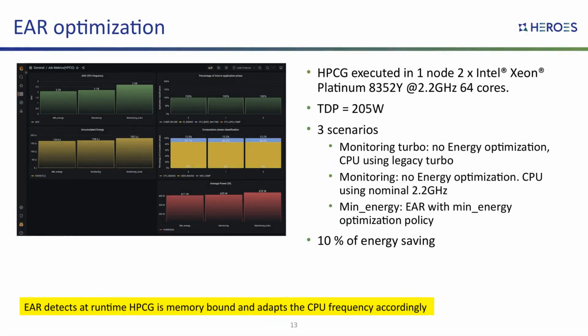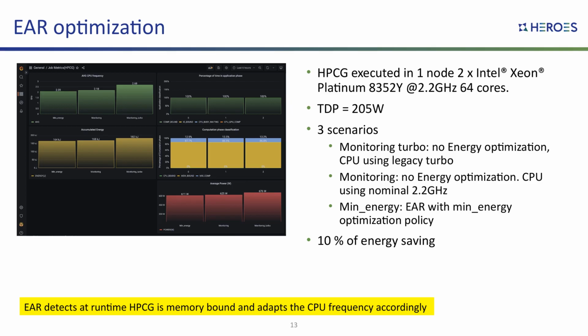The figure shows the visualization with Grafana of job metrics collected with HEROES plugin. The results are from the execution of HPCG in one Intel Ice Lake. We executed three cases for evaluation: without optimization, running with turbo, without optimization running at 2.2 GHz, and with min energy.